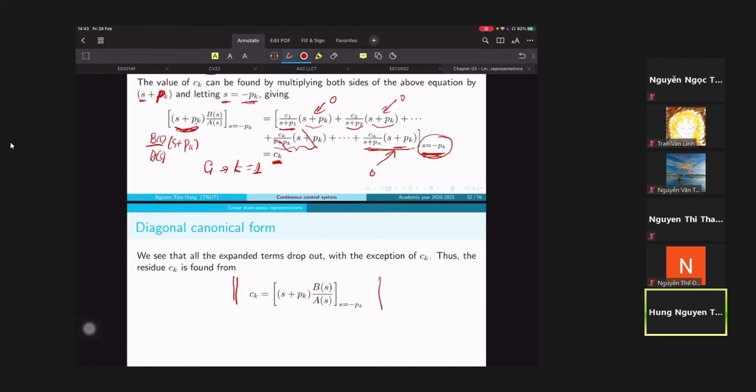I hope it's correct. Now check with the other. It's almost the same.